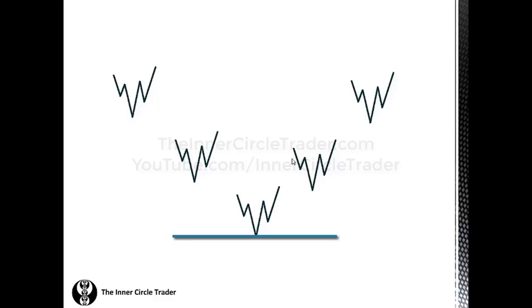Okay, so you would apply these concepts, with all the other concepts we've previously discussed, but looking at obviously a higher level key support level down here as a catalyst.